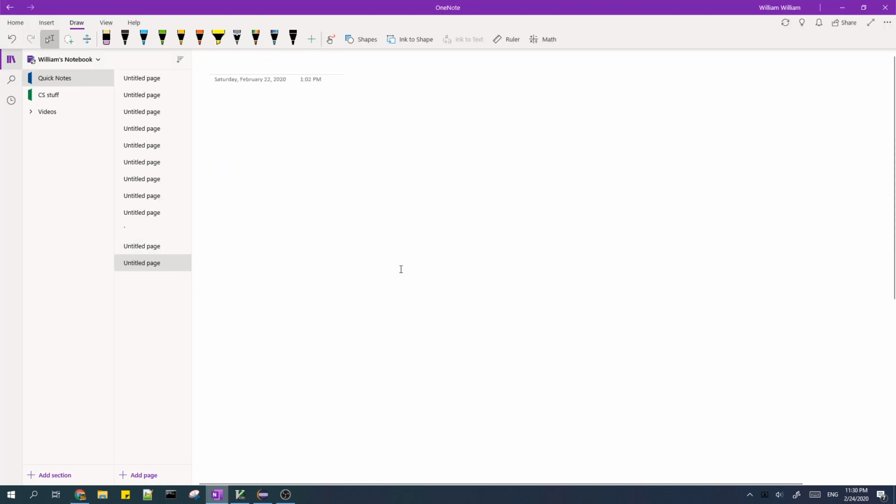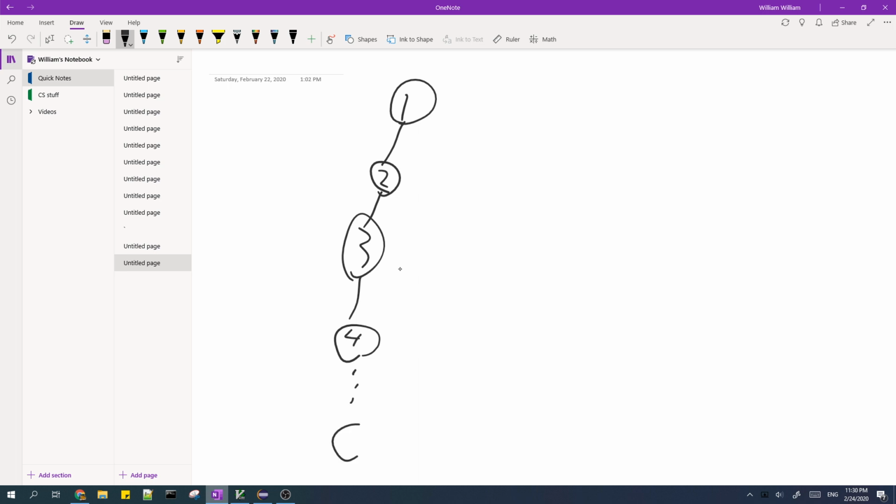So the maximum sum of depths, if we have n nodes, is if we arrange them in a line like this. This node will give us +1, this is +2, and this is +n minus 1.